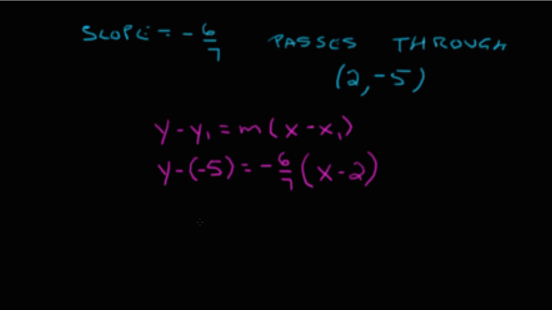So then we can evaluate it here. y minus a negative 5 gives us y plus 5 equals negative 6 over 7 times x minus 2. And we could just leave it like that. That's point slope form. And that's our answer.